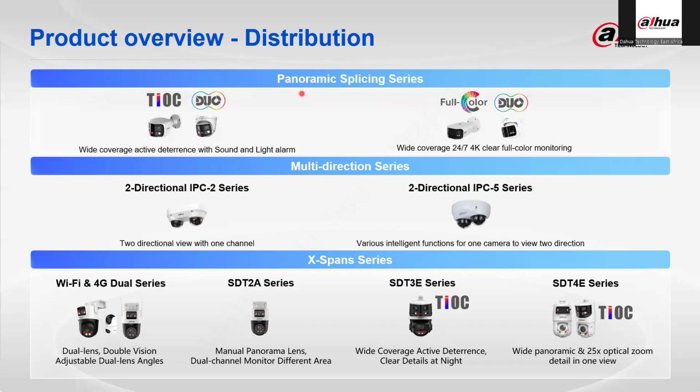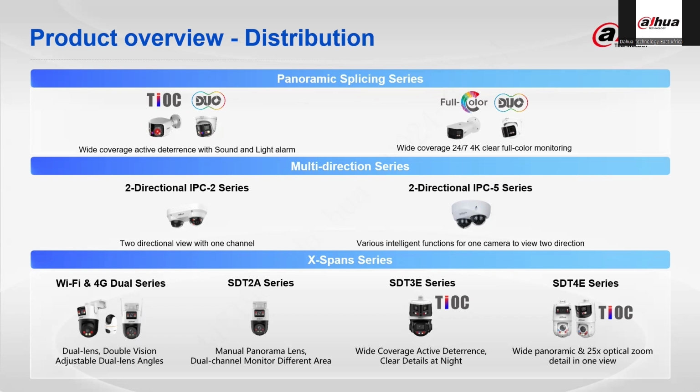Then we have the full color and the full color duo. So let's take a look at this panoramic splicing. This product comes with two lenses. You can see from both ends, left and right. These two lenses are actually going to be capturing data individually, but because it has the splicing ability, those two images are going to be brought together to create one seamless panoramic image from the two lenses.